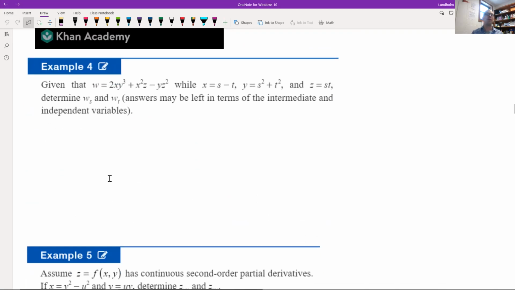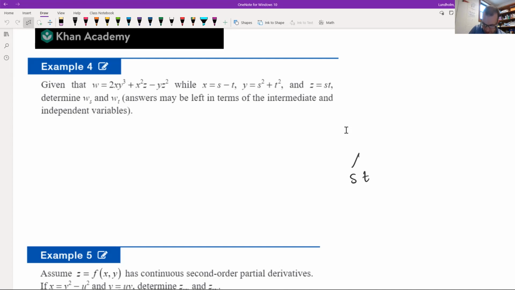For example, number 4, here we've got w that is a function of x, y, and z. So here we've got 3. And the x is a function of s and t, and so is y, and so is z. So if we wanted to make a diagram of this one, s and t are our input variables.